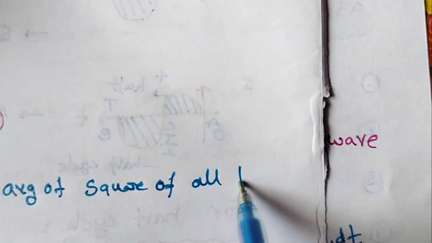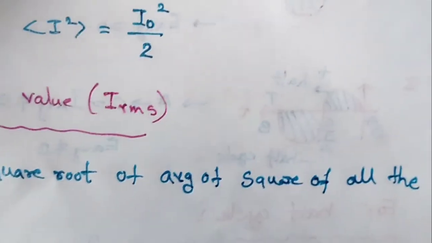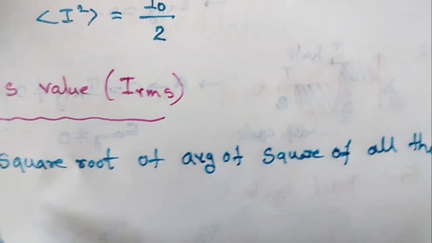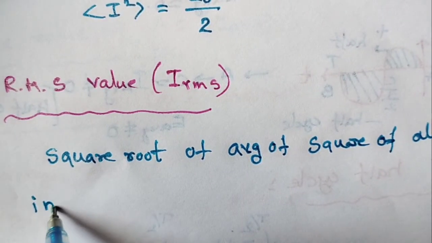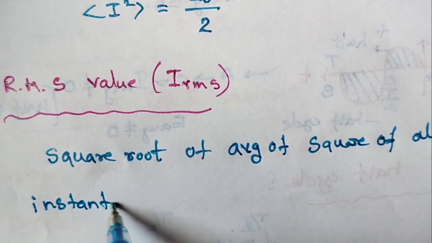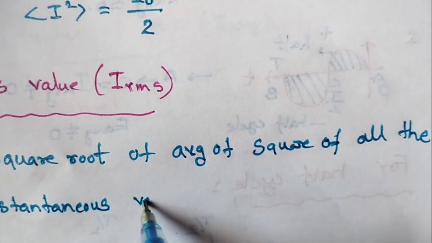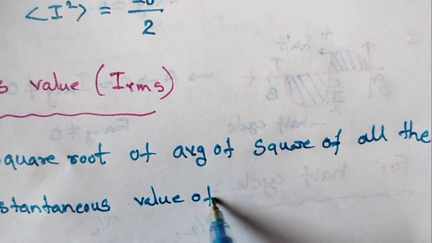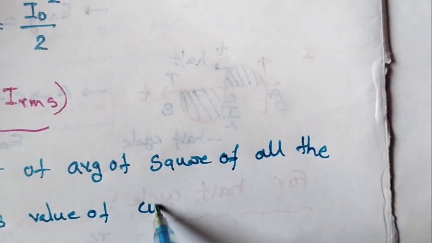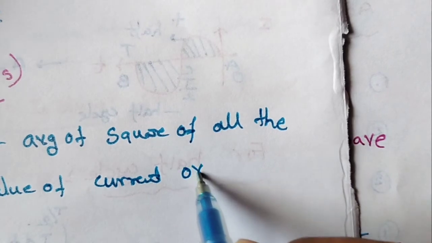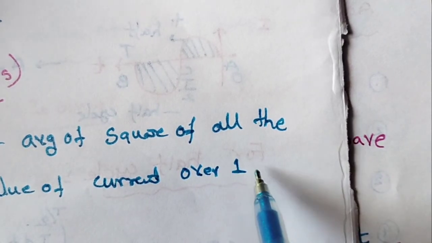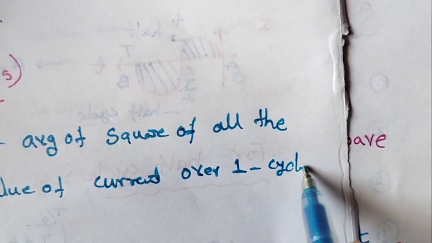all the instantaneous values of current over one complete cycle.